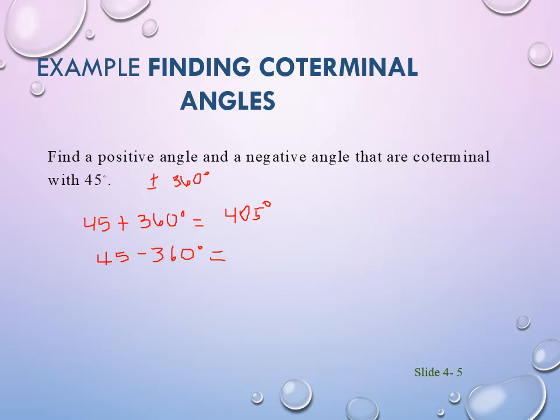Okay, and then we have this other one here that would be 45 minus 360, which would give us negative 315. Okay, so you guys can understand the concept of what I said.